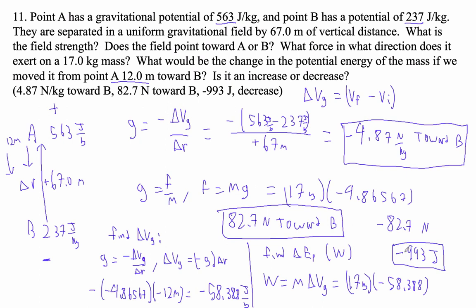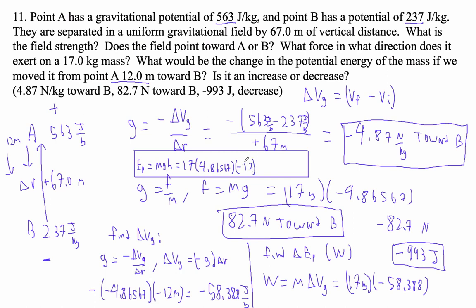Now, you could also, by the way, since this is gravity and since we have a gravitational formula for the potential energy, here we'll break out a little chunk of space. You could literally just use the potential energy formula, couldn't you? Remember, potential energy is mgh. So it would be 17 times, g we use positive in this case, 4.86567, times negative 12, because we move it down 12.